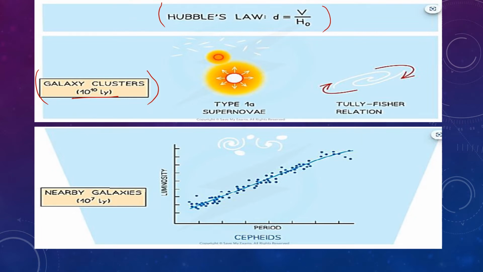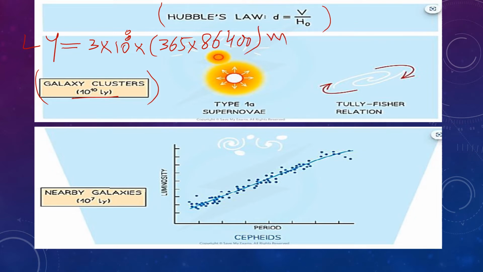And what is a light year? A light year is the distance that light travels in 1 year. The speed of light is 3 times 10 to the power 8 meters per second, in 1 year there are 365 days, and in each day 86,400 seconds. So you can multiply them, and this distance in meters is equal to 1 light year.